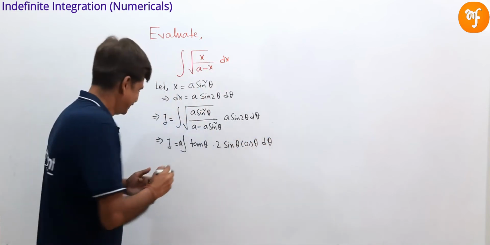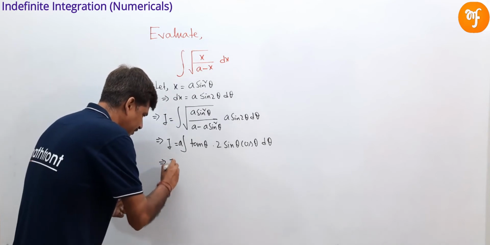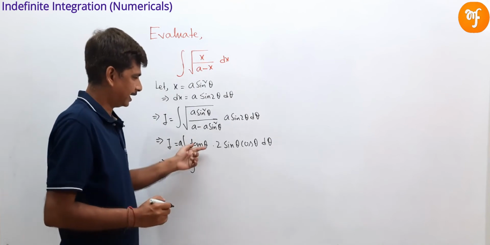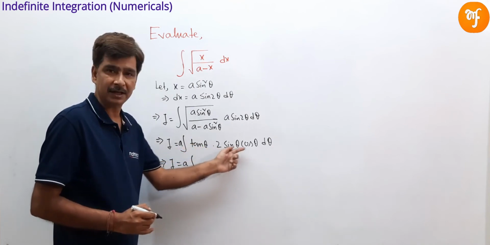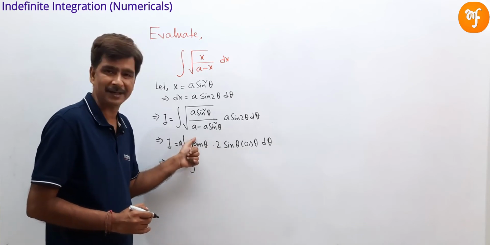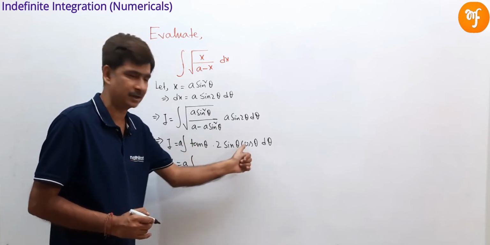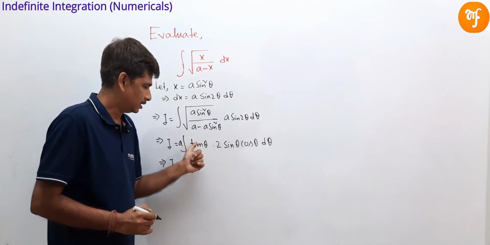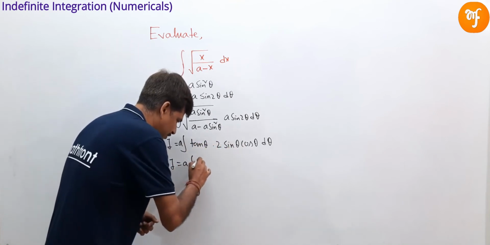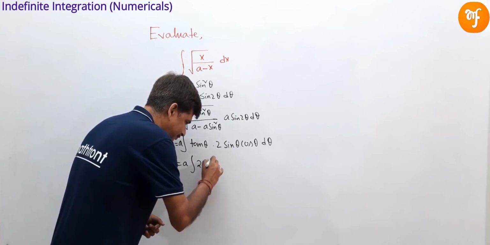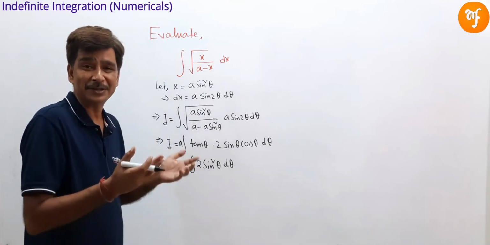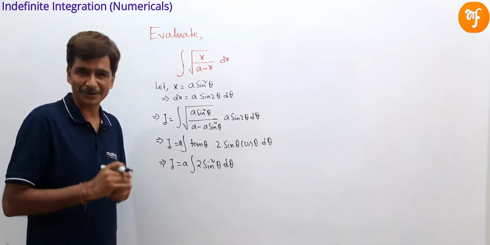Okay. So what is I? I will be a into integration of tan theta into sin theta into cos theta, which will be what? 2 sin square theta, because tan theta can be written as sin theta by cos theta and cos theta can be cancelled. So sin theta into 2 sin theta becomes 2 sin square theta. So this is 2 sin square theta d theta. Okay. Now 2 sin square theta can be written as 1 minus cos 2 theta.